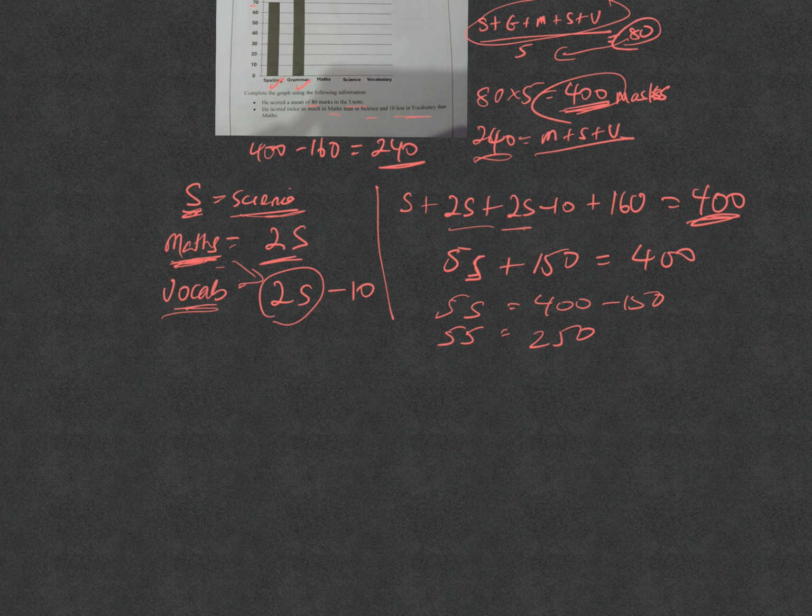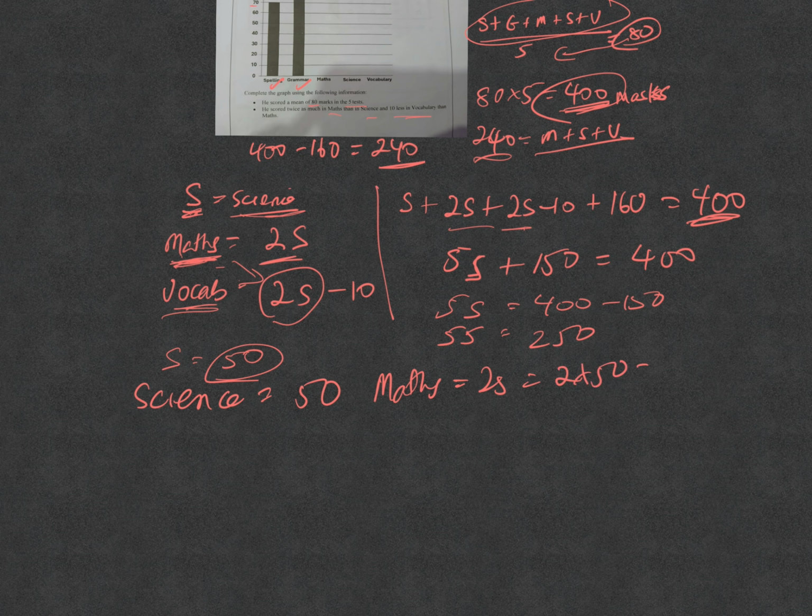So if 5S is equal to 250, S would be equal to 50. So science, which is S, would be 50. Maths would be 2S, which is 2 by 50, which is 100. And vocab would be 2S, which is 100 minus 10, which is 90.